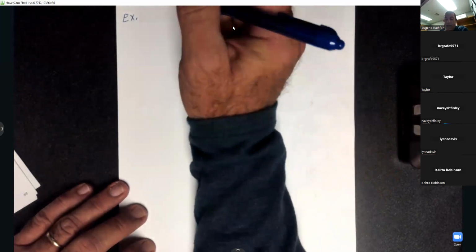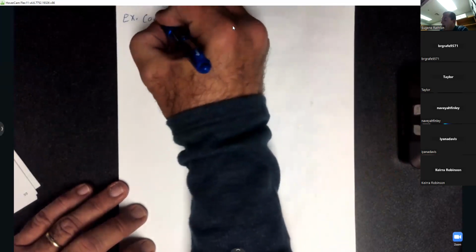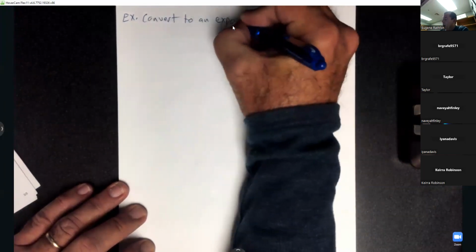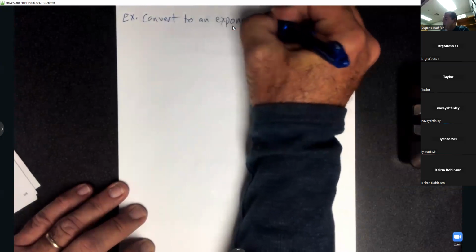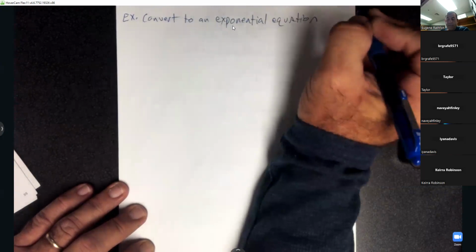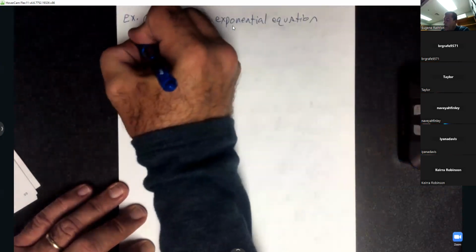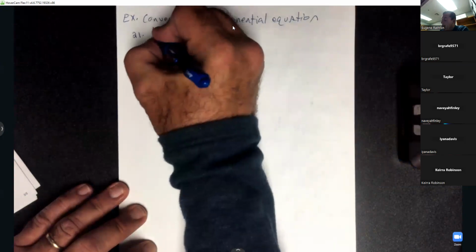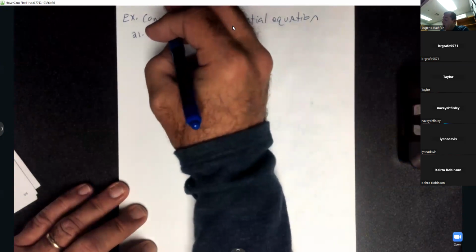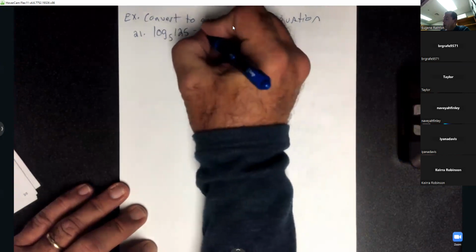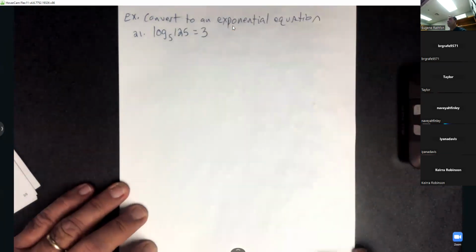So these ones say convert to an exponential equation. So y'all, 21, they're giving us this. Log base 5 of 125 equals 3.